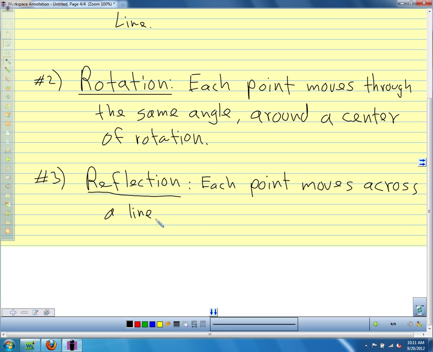And what would you guess we call that line if we're talking about a reflection? What do we look at our reflections in normally? A mirror. So we call that line the mirror line.